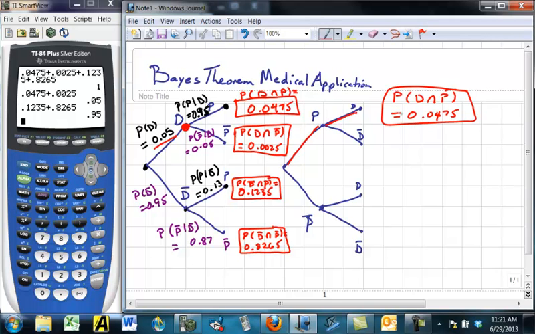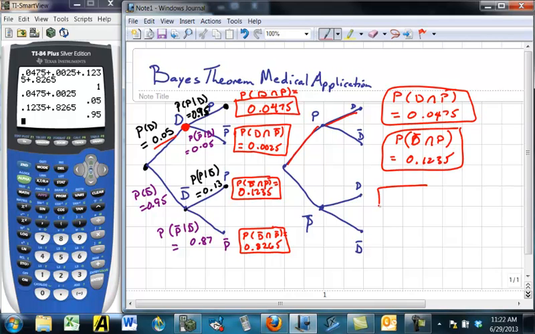Similarly, we know this next one is the probability of not D and P, or P and not D, and that's this one right here, 0.1235.